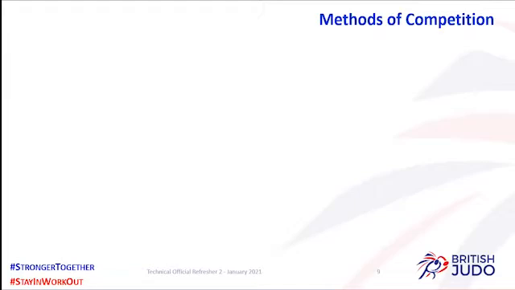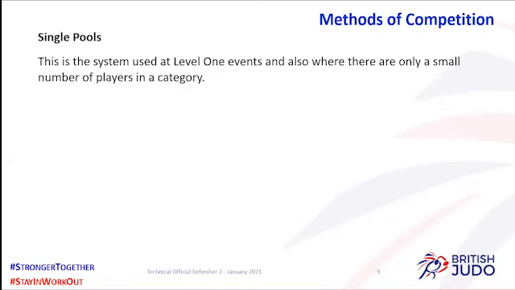What I'd like to do now, before we get on to completing any pool sheets, is just cover the various methods of competition. So single pools, quite often single pools are used at level 1 events, or you can use them for virtually any event if you want, but it's usually determined by the amount of athletes that turn up.